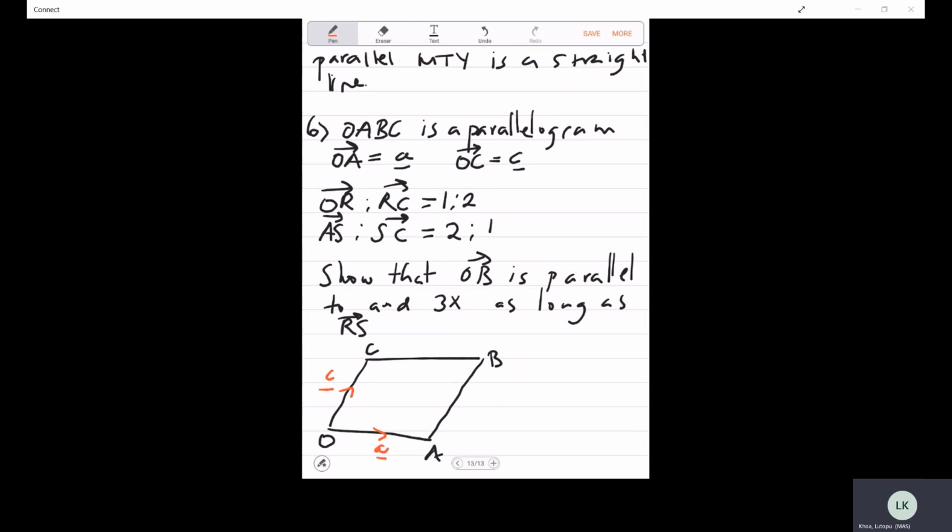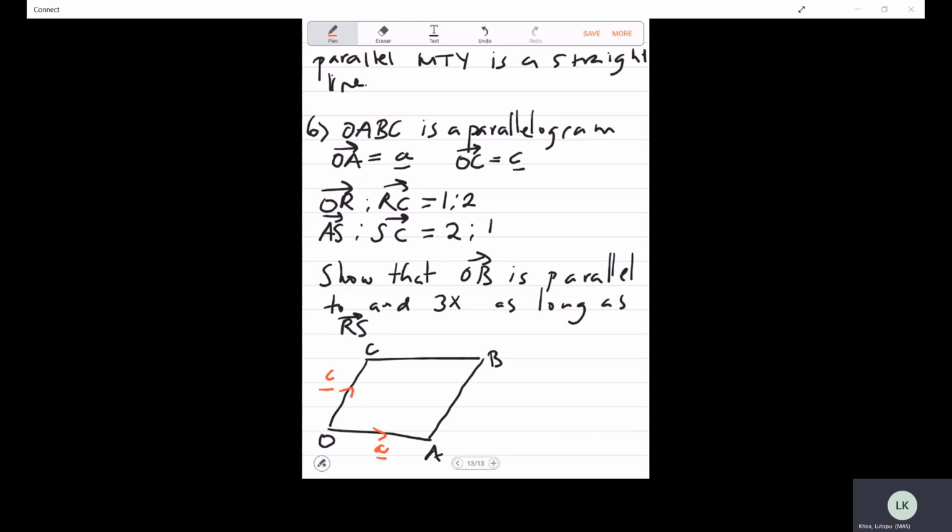So OR is 1 to 2 with RC. And then we have another point S, so we need to draw the line from A to C. So we have a point S over here, and the ratio of AS to SC is 2 to 1. So that is what we have.